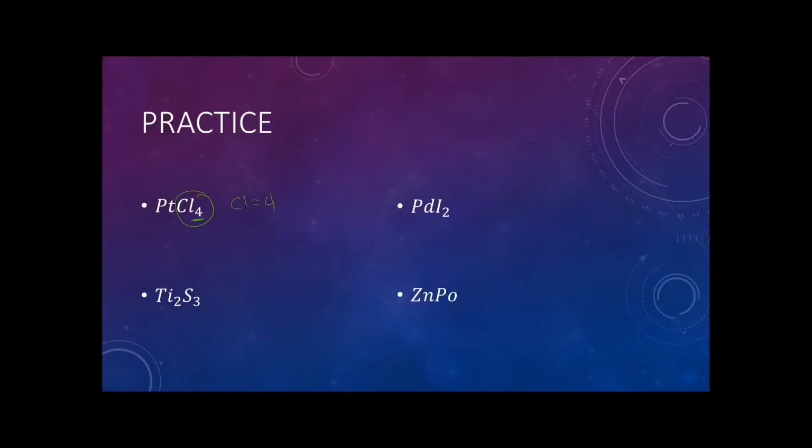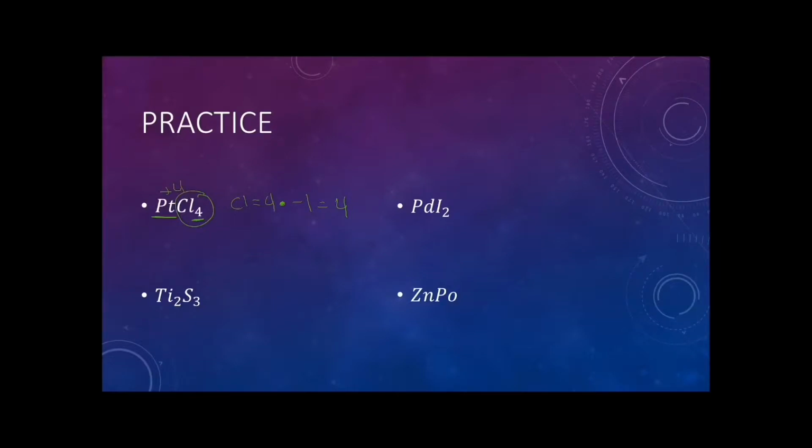So that means if chlorine is a -1 charge, we're going to times that by 4. So that means that the overall charge of chlorine is a -4. So we have to balance that out with platinum being a +4.